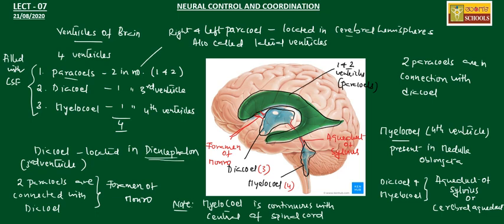The cerebrospinal fluid from the spinal cord enters into it, and again it returns into the spinal cord. So there is a circulation of the CSF that takes place through these structures, the ventricles of the brain, and even the central canal of the spinal cord. So that's all about the ventricles of the brain.